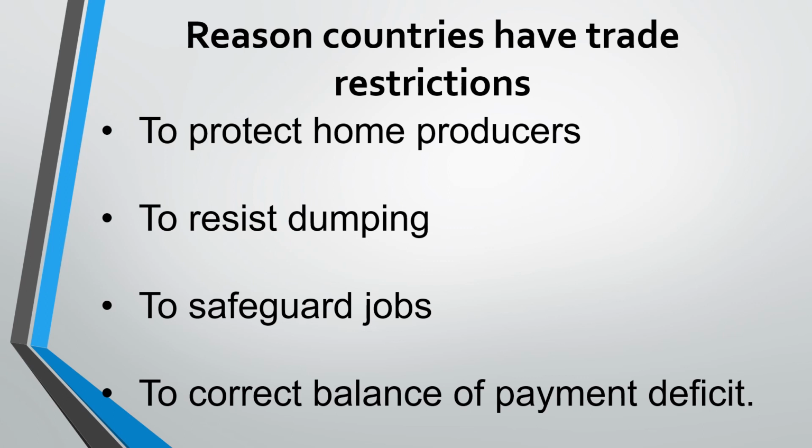One way in which a deficit can be rectified is by reducing imports, by introducing import controls through trade restrictions. Those are the reasons why countries must have trade restrictions, some of which can seem heartbreaking at first, or a bit cruel, but they are basically needed. It's a necessity. And that brings us to the end of our lesson.